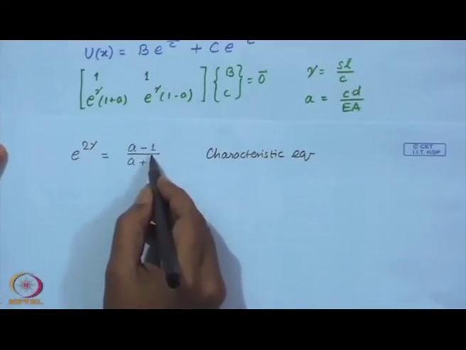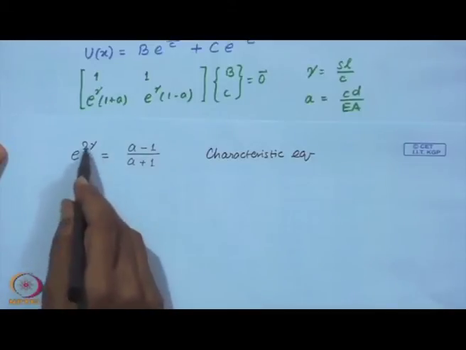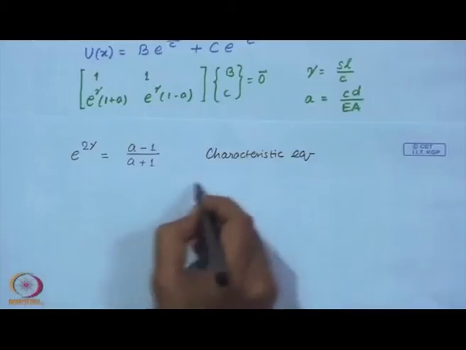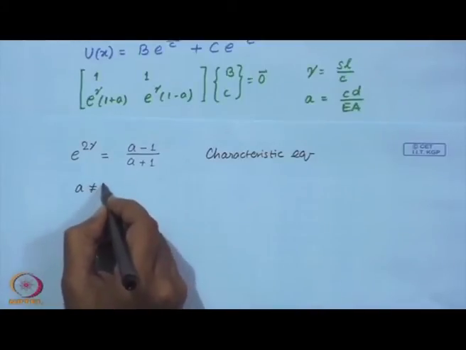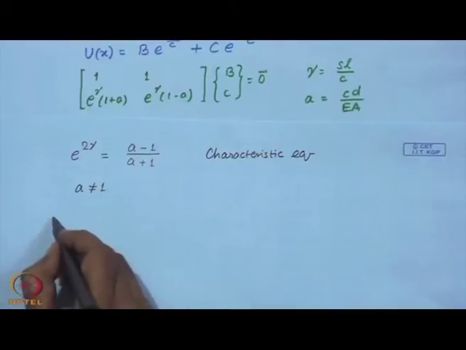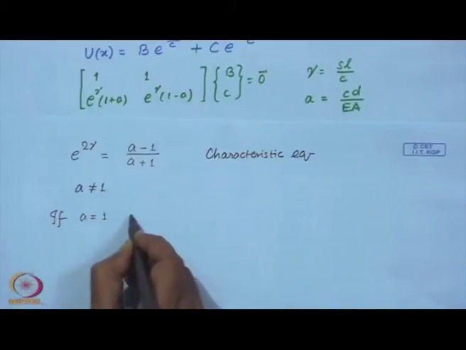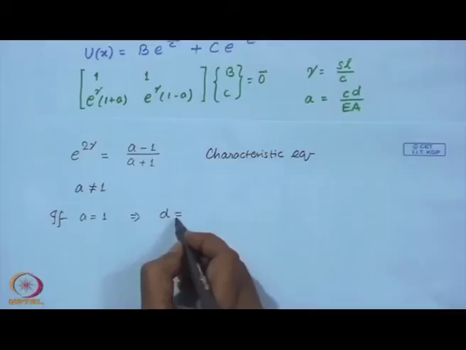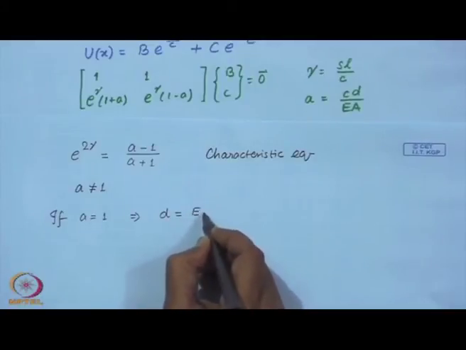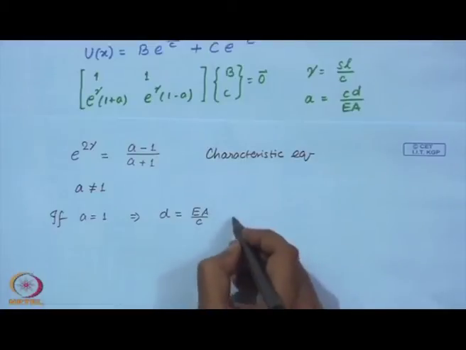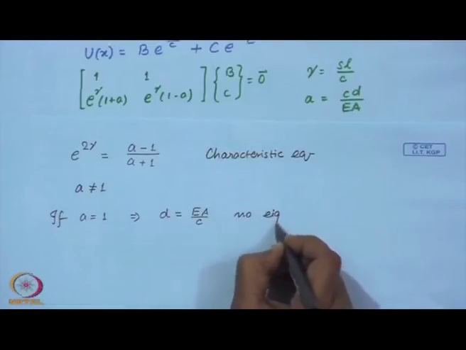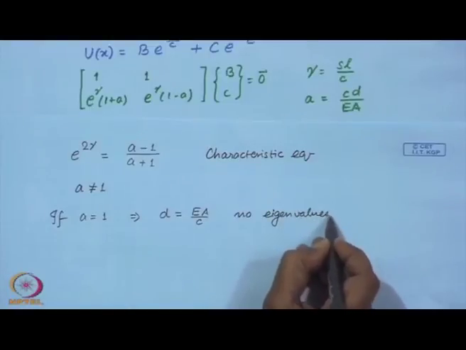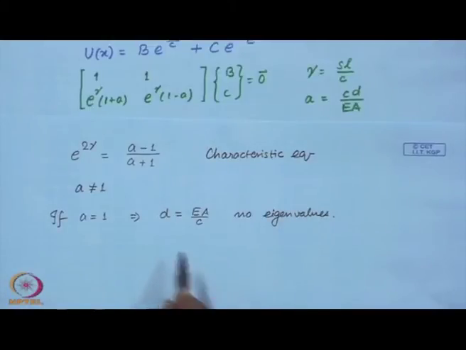when A is not equal to 1. When A is equal to 1, which implies that the damping, so the adjustable parameter is the damping, there are no eigenvalues for this problem when the damping is tuned to this value.